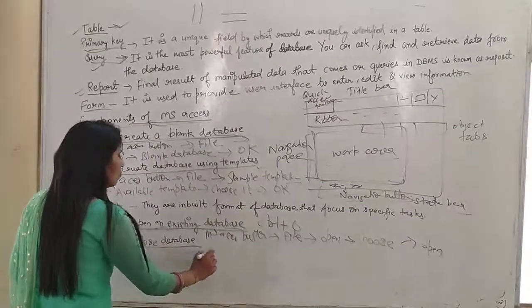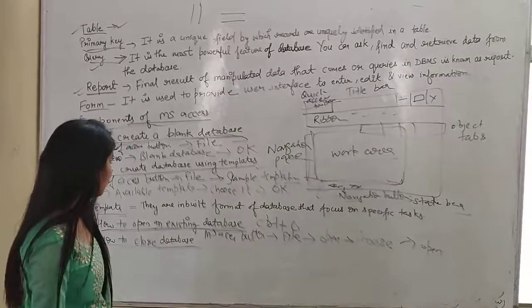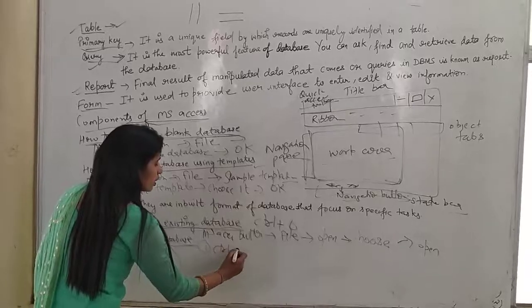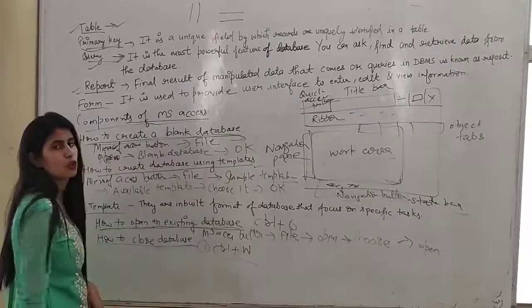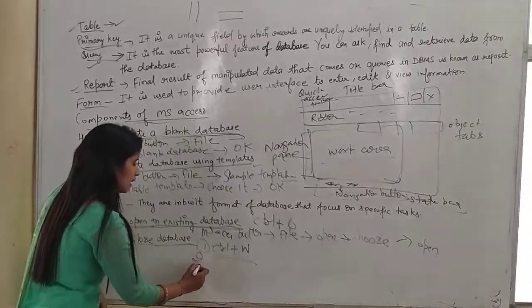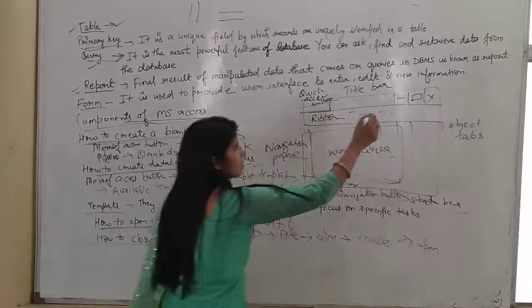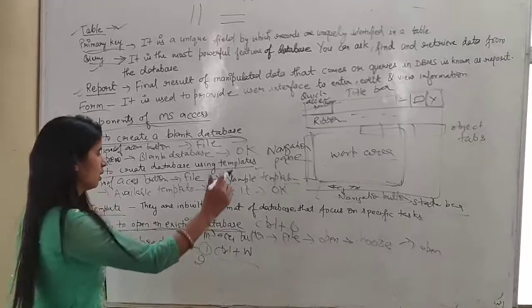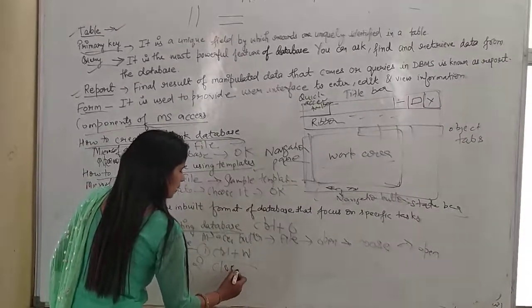Next is how to close a database. It has 3 ways. First is the shortcut option. It is Ctrl plus W. Second option is click on this close button that is present in the control area. So close button option.